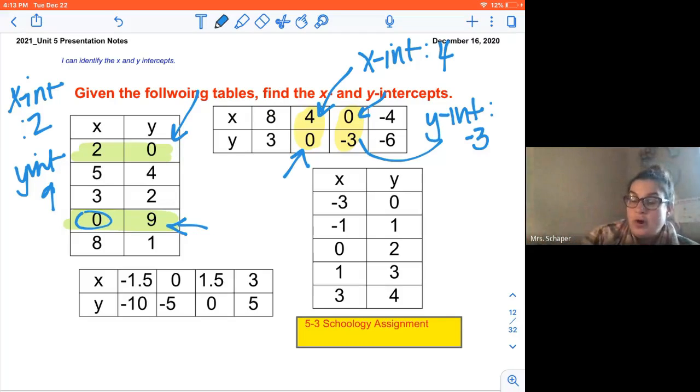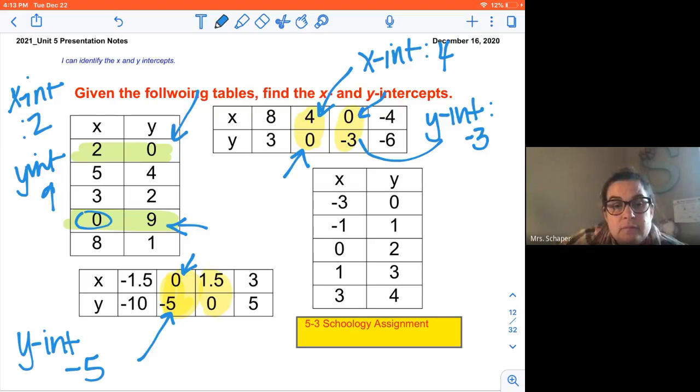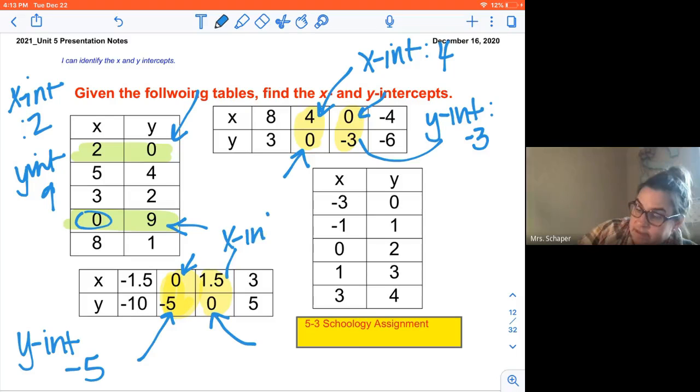We've got 2 more, and then you're going to get some time to work on your Schoology assessment. So I'm looking where my zeros are. And so when x is 0, the other number is my y-intercept. So the y-intercept is -5. When I find y is 0, my x-intercept is 1.5.